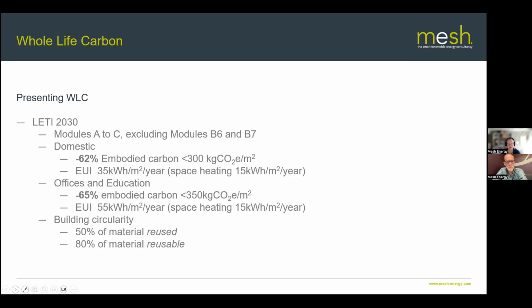So, for example, it's allowing 30 kilowatt hours per meter square per year for unregulated loads for offices and education. Sorry, 40 kilowatt hours per meter square per year.